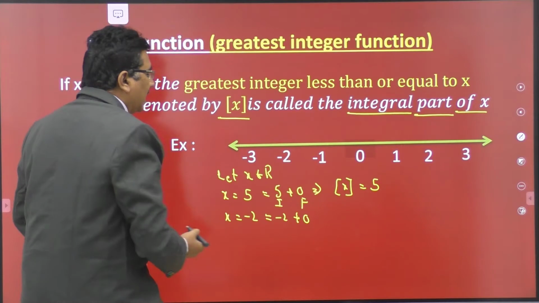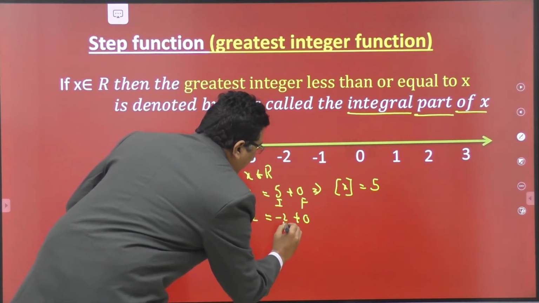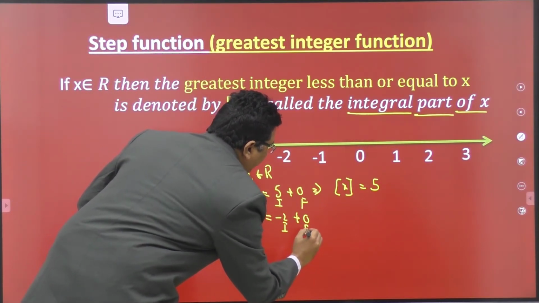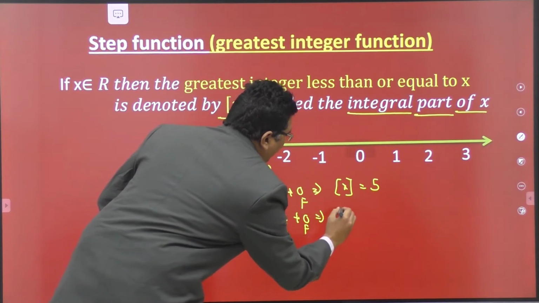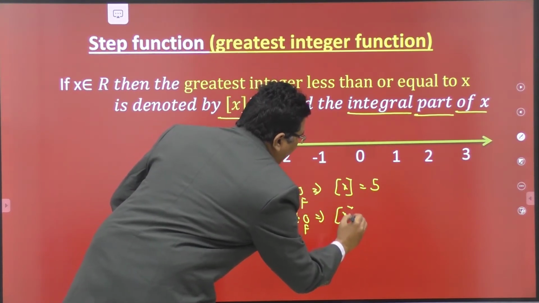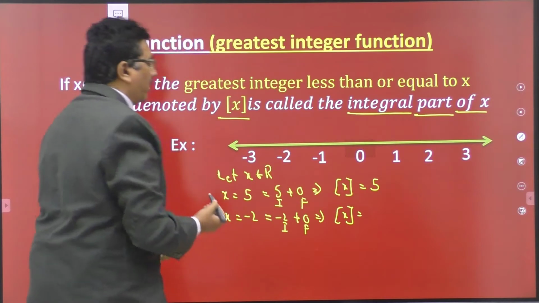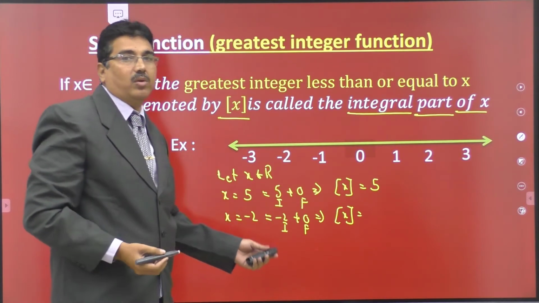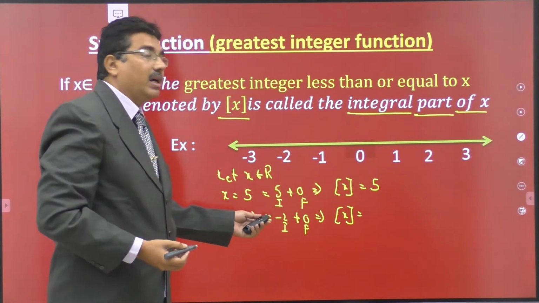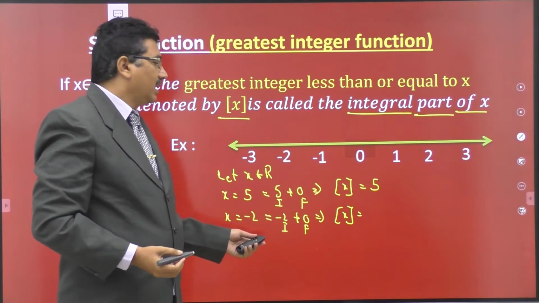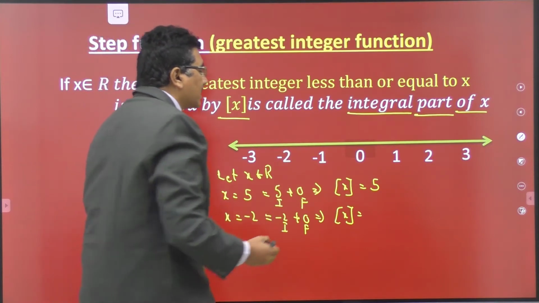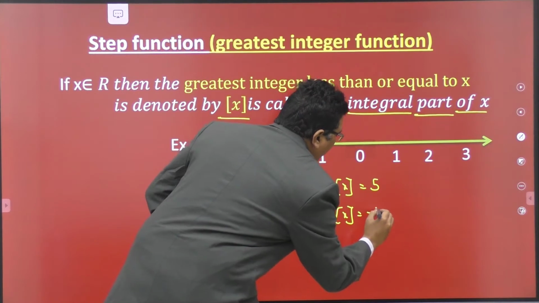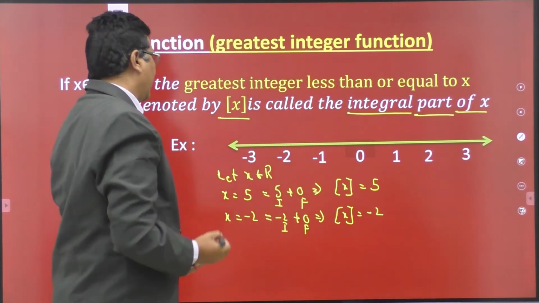In this case, minus 2 is the integral part, 0 is the fractional part. That implies box x is equal to the integral part. Box x denotes the integral part of that number, that is minus 2. Box x is equal to minus 2. Right.